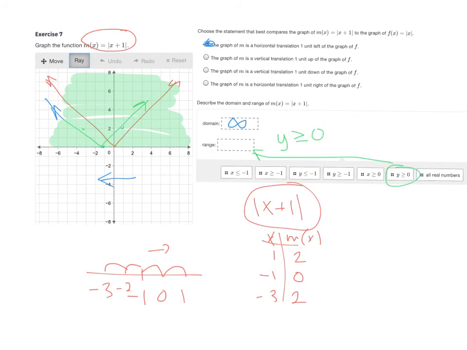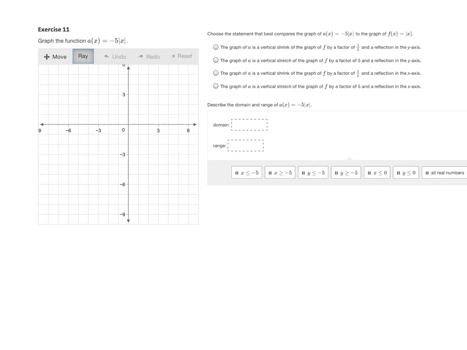Alright, one more to go. Alright guys, so we're going to do the same thing we did before. We've got negative 5 times the absolute value of x. We're going to do an input-output. So we've got x and we've got a of x. And now looking at our graph, we don't have a ton of room here, so we're going to do 1, 0, and negative 1.